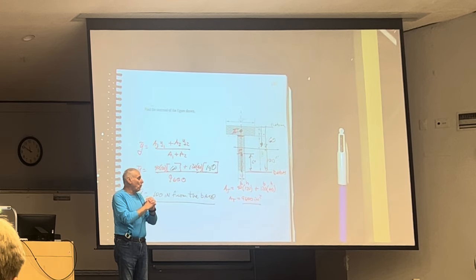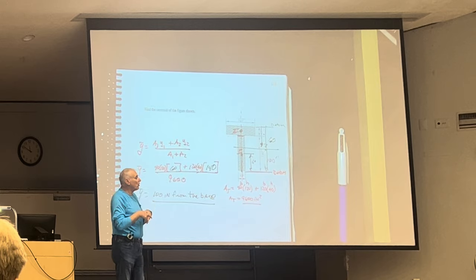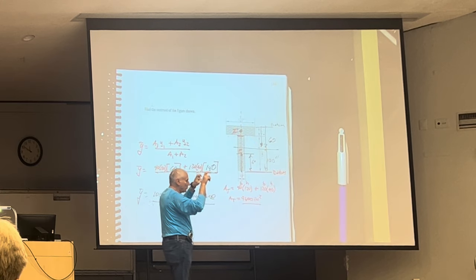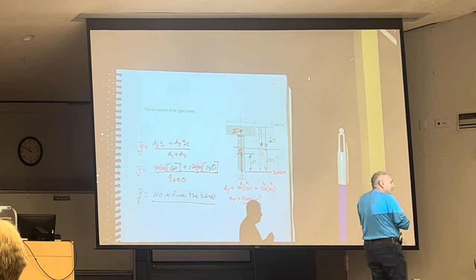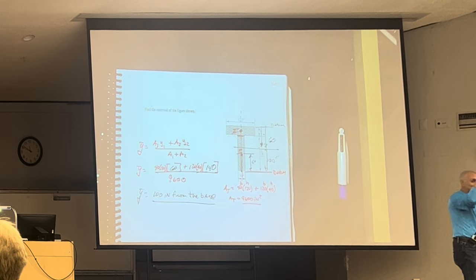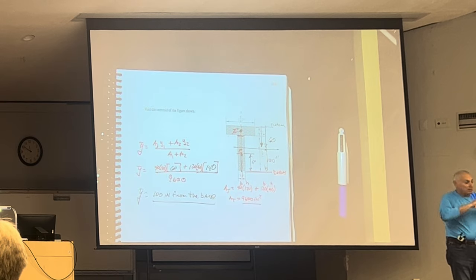So be careful when you read solutions to make sure you're reading the right solution. They're both right. You can say 60 from the top down. You can say 100 from the bottom up. Both are completely right. Just be aware that you might get two different numbers.